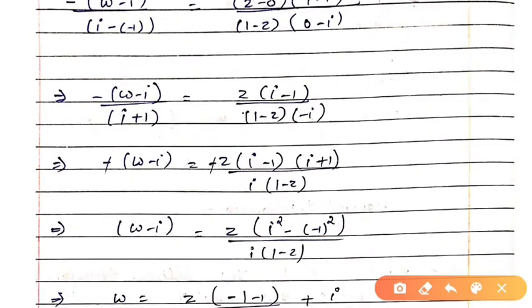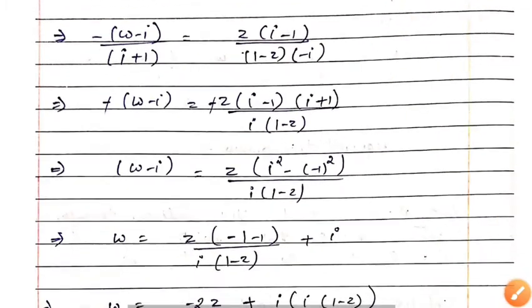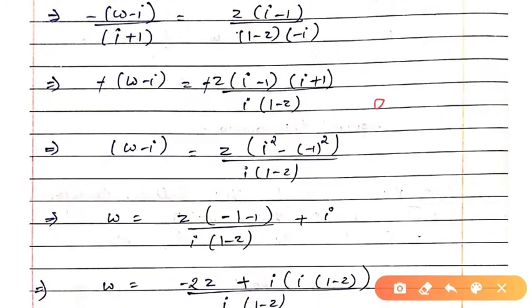Now what I have done here is, see, this minus sign can be written over here. Okay, so this minus and this minus will get cancelled and this i plus 1 will be multiplied here. So I get i minus 1 into i plus 1. Now this can be written as a minus b into a plus b is equal to a square minus b square.